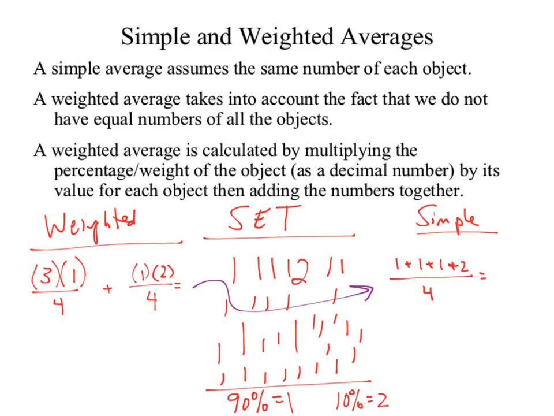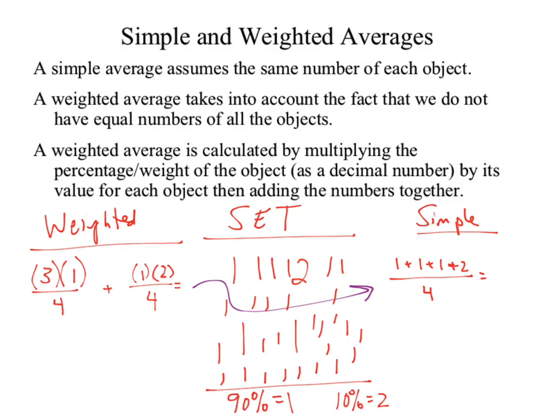If we do the simple average, we have to add every single one of those 1s up, every single one of those 2s, and then make sure we counted all of them so that we can divide by the appropriate amount. Does our weighted average give us a kind of cheat if we're given these percentages? Well, does our weighted average have a percentage in it?